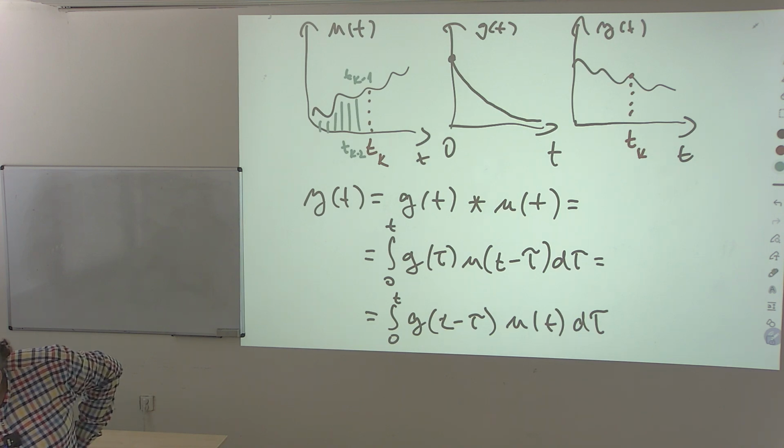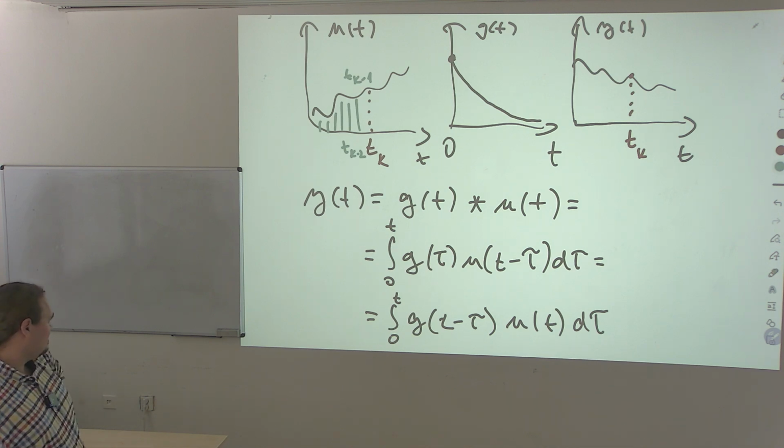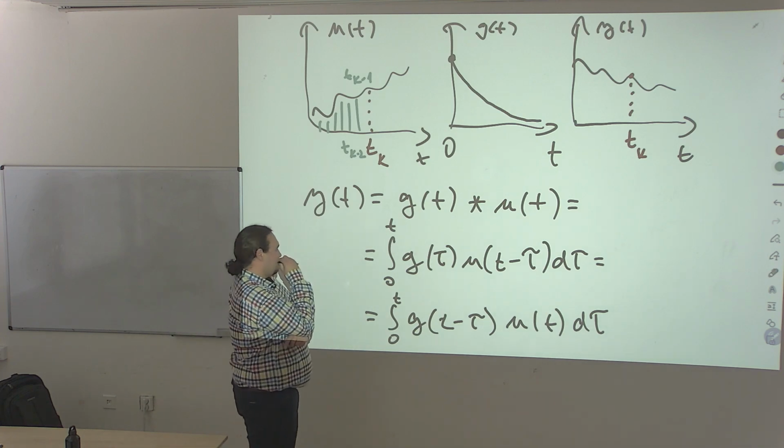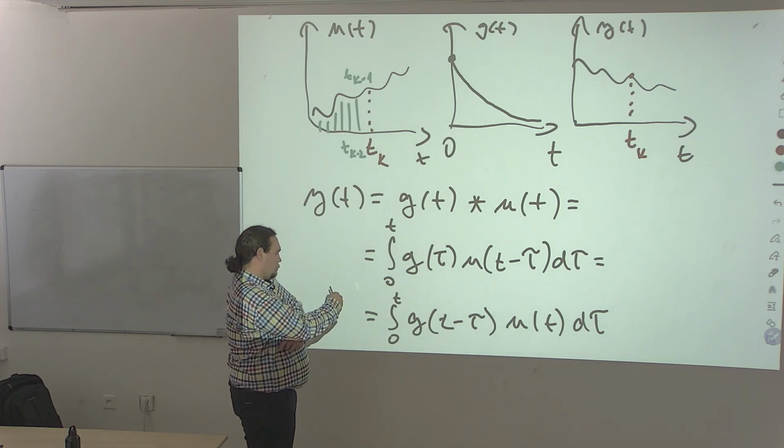Something tells me that the software is just not interpreting it correctly. T minus tau. Something which happened a long time ago.